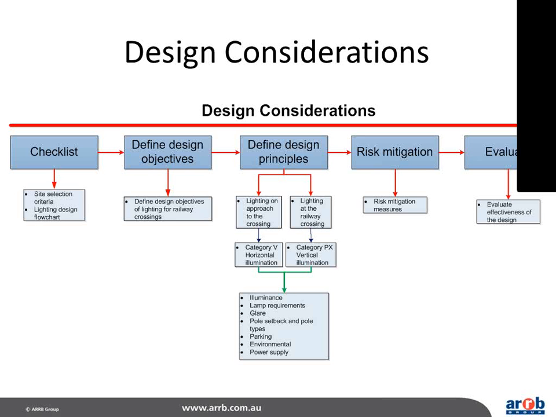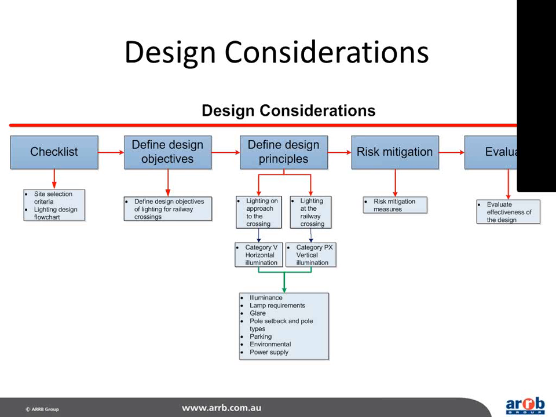The design objectives will help you focus your solutions. What are you trying to achieve by providing lighting at the crossing? And the design principle outlines the parameters that you need to look at, the various levels like the illuminance, lamp requirements, what type of lamp you're going to need, how you're going to treat glare, the parking issues for maintenance vehicles.